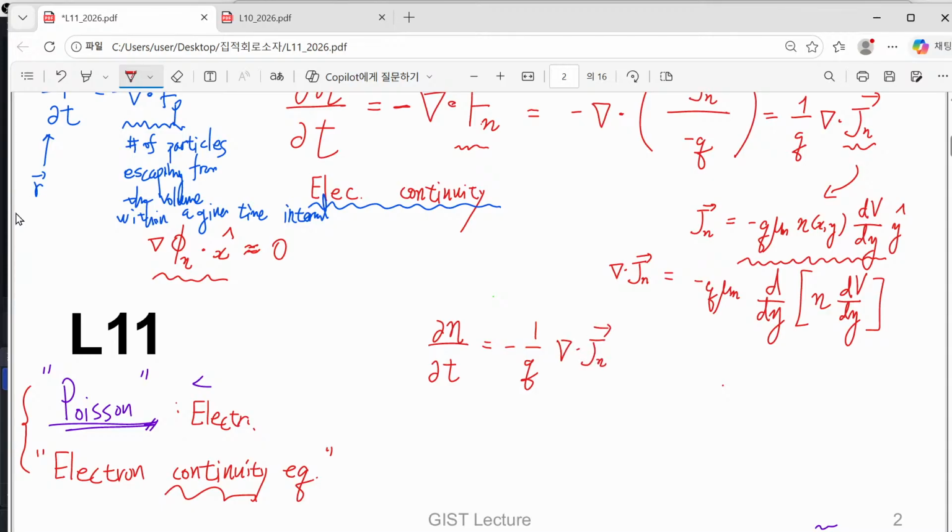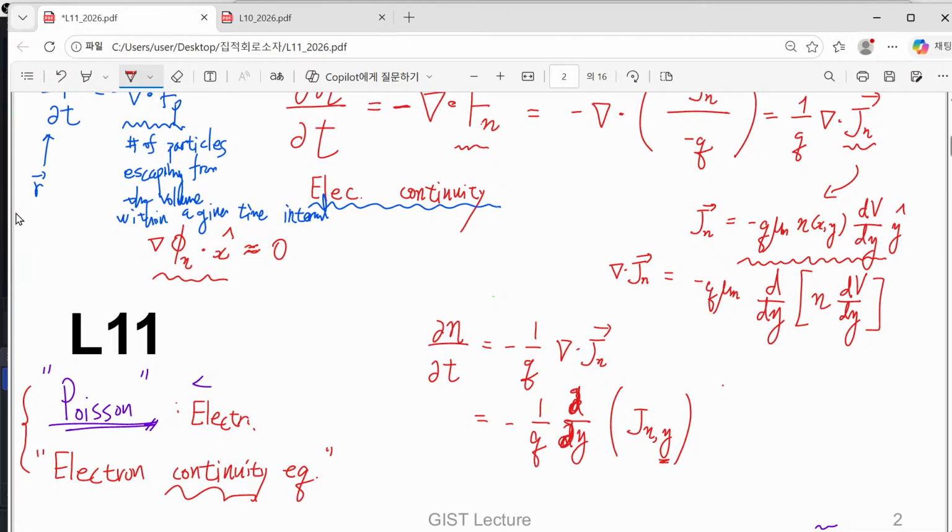However, since we have only y directional component, fortunately we can write it in this way: d/dy of Jn,y. So the y directional component of Jn is the one we have to have in our continuity equation.